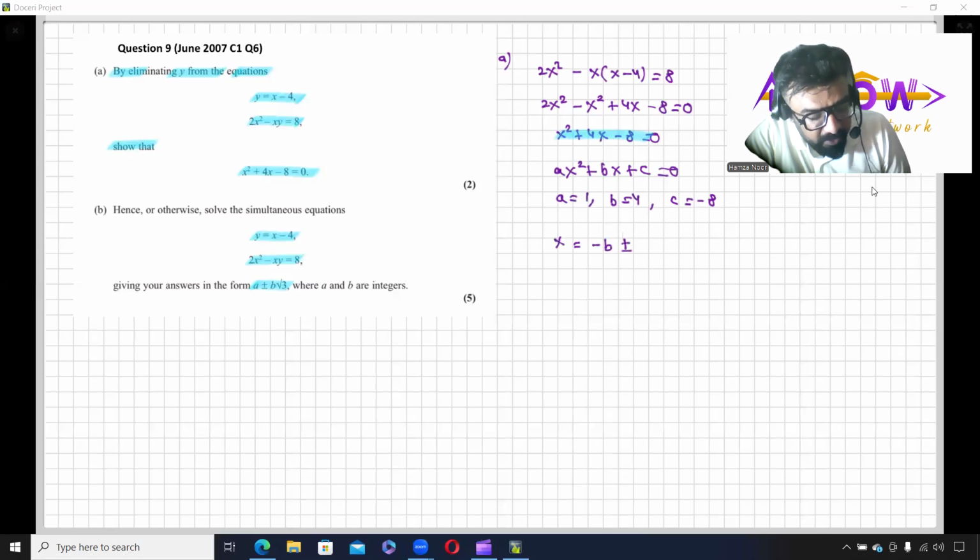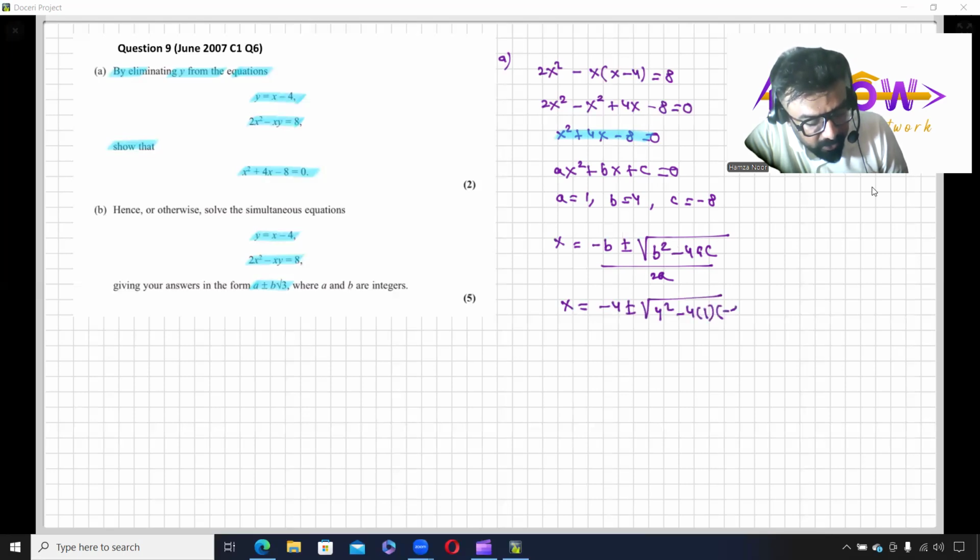x is equal to minus b plus minus the square root of b squared minus 4ac, completely divided by 2a. So x is equal to minus 4 plus minus the square root of 4 squared minus 4 times 1 times minus 8, completely divided by 2 times 1.